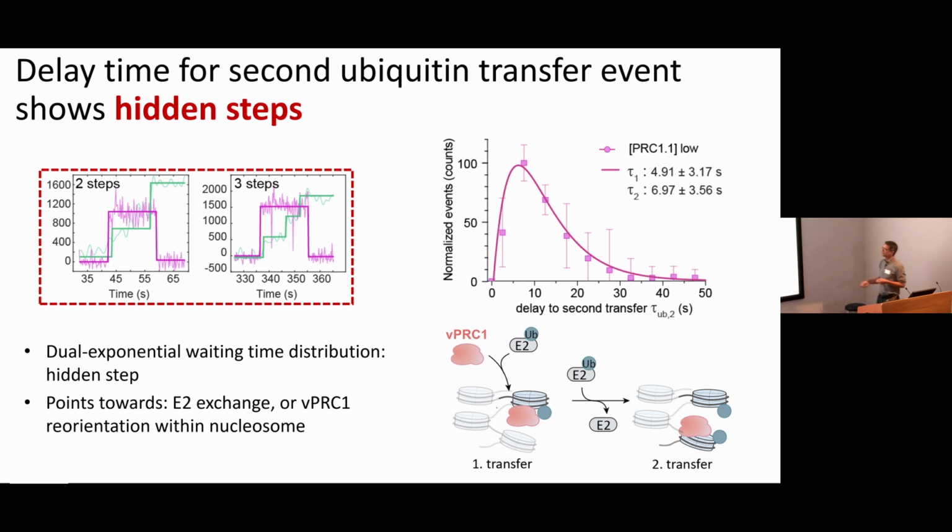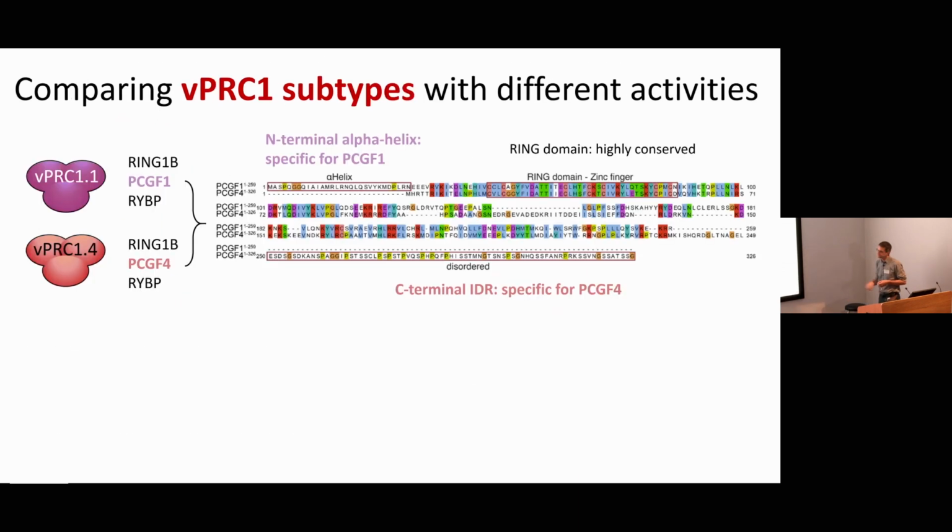We don't exactly know what it is, but it could be either the exchange of an E2 that is now discharged with a fresh E2 that carries a new ubiquitin, or it could be the time it takes for our PRC1 complex to reorient within the chromatin fiber. Either one of those, of course, accounts for this delay. And so you need to wait for about 6 seconds before the system is reset and you can go for the next ubiquitination transfer.